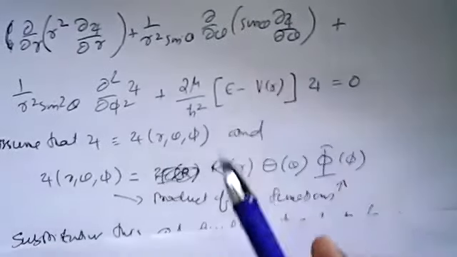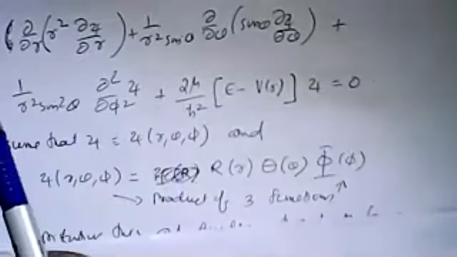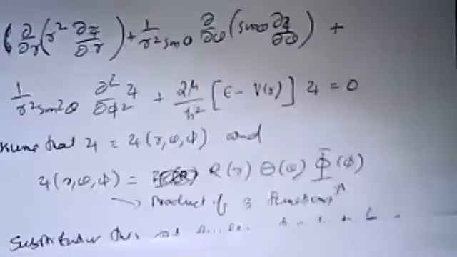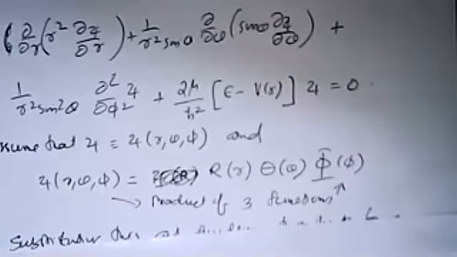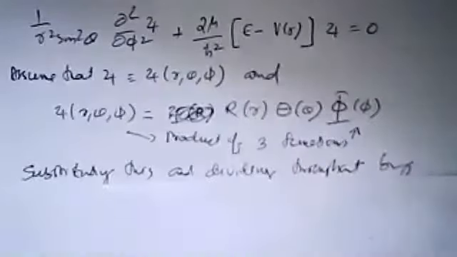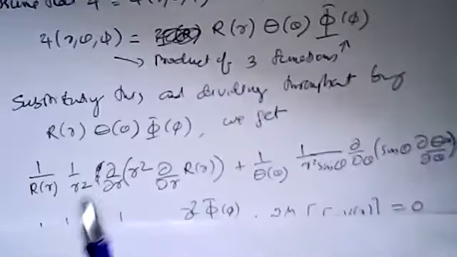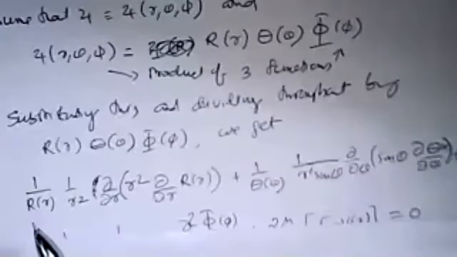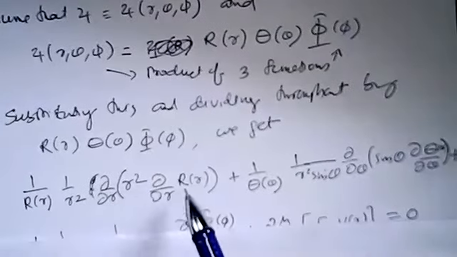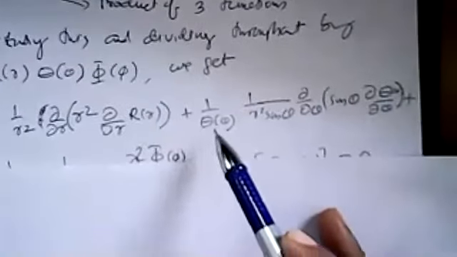Okay. So substitute psi equal to capital R, capital theta, capital phi in these 4 terms, and now divide throughout by capital R, capital theta, capital phi. This usually you have done at the BSc level, so I am simply repeating that. So what remains is 1 by capital R only, other things cancel. 1 by capital R, then the same thing, then capital R. Here 1 by theta only remains, other cancels.